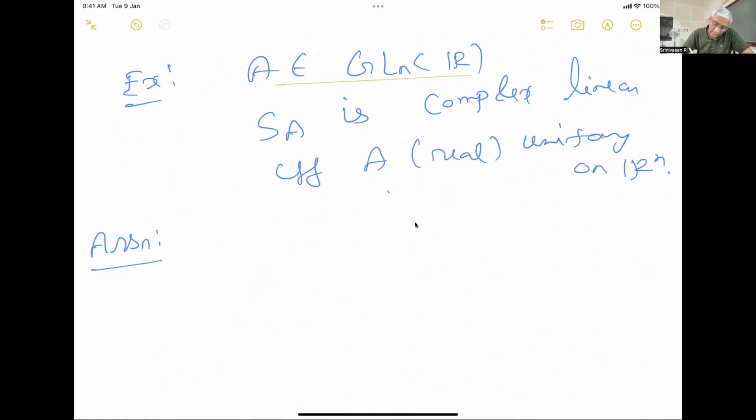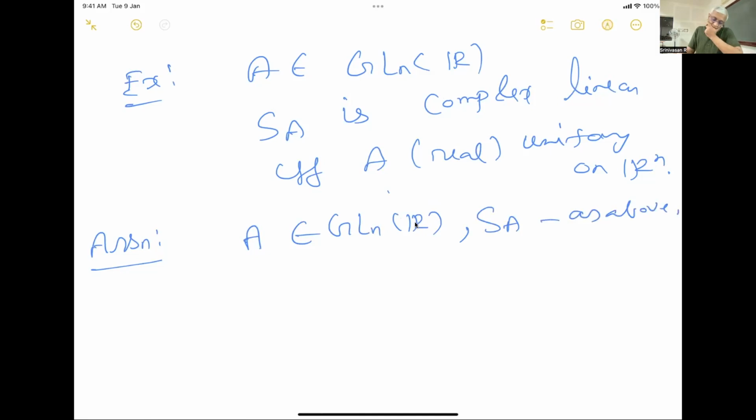Okay, so let's talk about this. So SA in GLn(R), and SA as above.